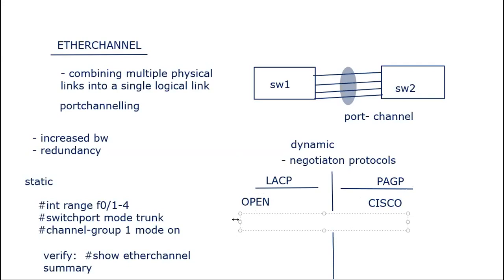In LACP, there are two modes called active and passive. Active is the one that sends and receives both. So it sends and receives negotiation in the active mode, whereas in passive it only receives.